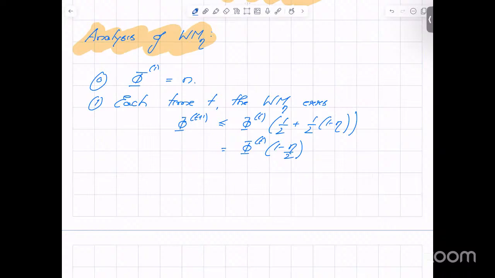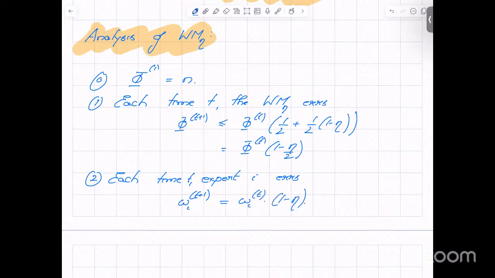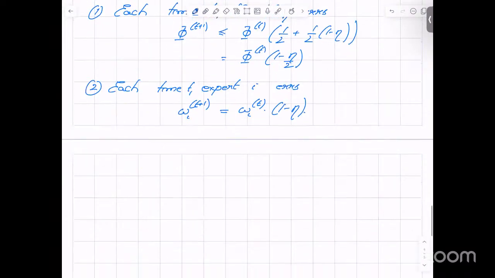And the other case was each time t expert i errs, wi t plus 1 becomes wi t into 1 minus eta. Once again, we'll be comparing phi of t plus 1.